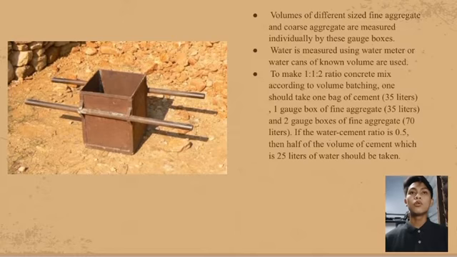To make a 1:1:2 ratio concrete mix according to volume batching, one should take one bag of cement, which is 35 liters, one gauge box of fine aggregate, 35 liters, and two gauge boxes of coarse aggregate, 70 liters. If the water cement ratio is 0.5, then half of the volume of cement, which is 25 liters of water, should be taken.